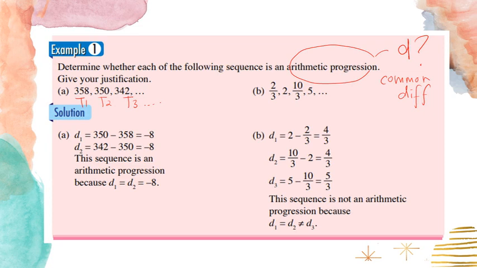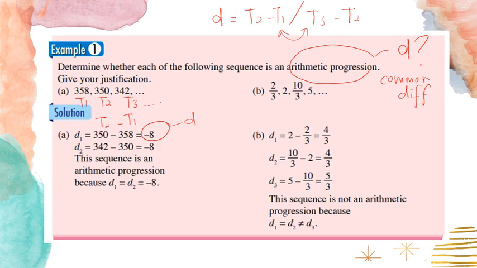Remember that the common difference is T2 minus T1 or T3 minus T2. So T2 minus T1, 350 minus 358, you will get -8. So this is D.